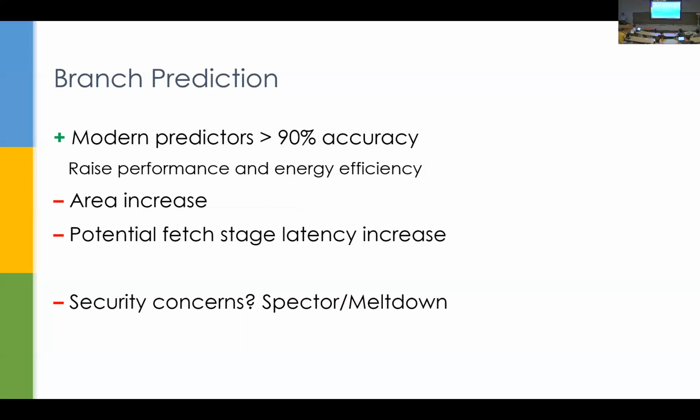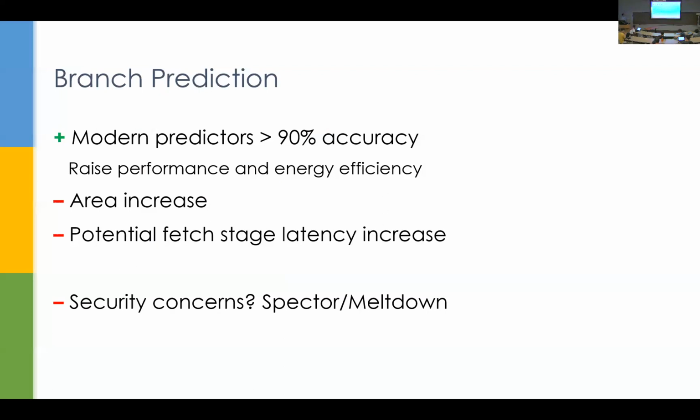They raise the performance and efficiency of general purpose programs that have lots of if-else, lots of for loops and things like that. The disadvantages are that it increases how many transistors you need on the chip. Because again, we are talking down to the metal, right? So we have to think in terms of transistors.